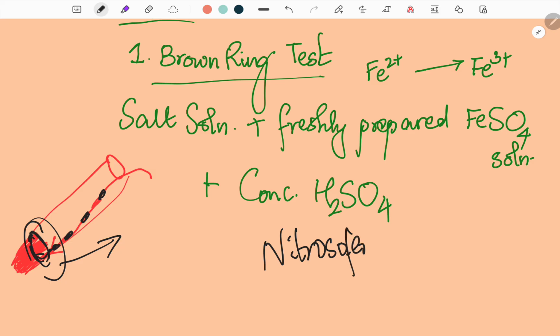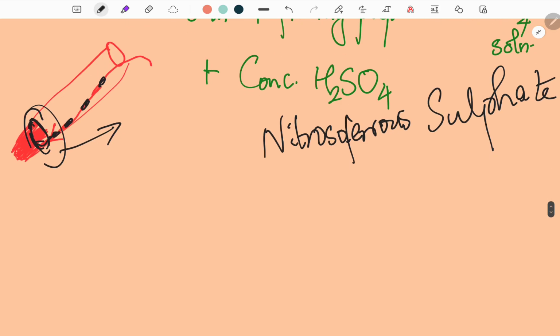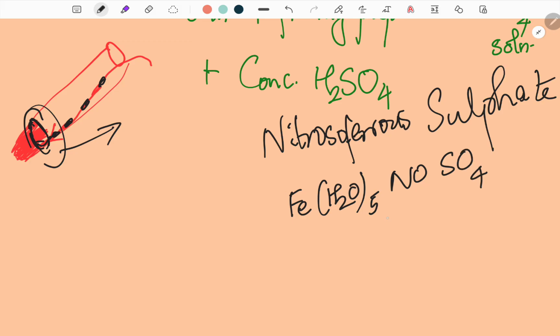It is known as nitrosoferrous sulfate, and they will also definitely ask you what the formula of this is. The formula of the nitrosoferrous sulfate ring is [Fe(H2O)5NO]SO4. Now [Fe(H2O)5NO] is enclosed in square brackets because it is a coordination entity, and the sulfate is a counter ion.